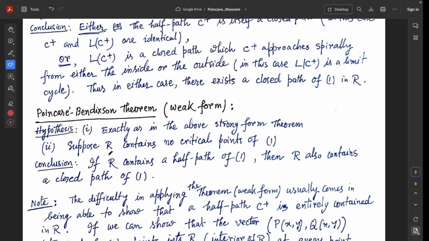R is the annular region and contains no critical point of the system. And the conclusion: if R contains a half path of 1, then R also contains a closed path of 1.